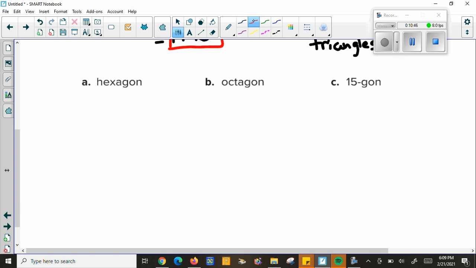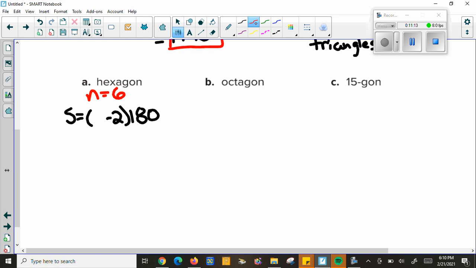With each of these, we need to start with how many sides there are. A hexagon is a polygon with 6 sides. So I begin to puzzle together my equation. I left a blank where the n goes.